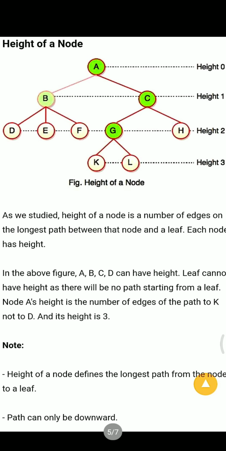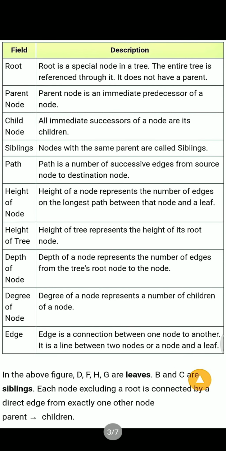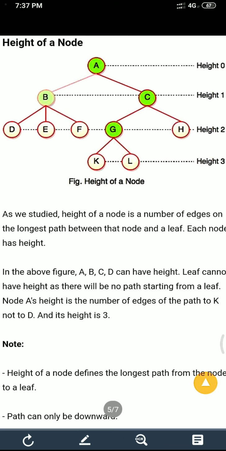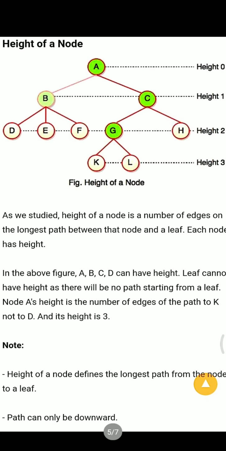And next we will understand the definition of height of a node. As we have studied, the height of a node is the number of edges on the longest path between that node and a leaf. As we have seen here, in this diagram, A, B, C can have a height.